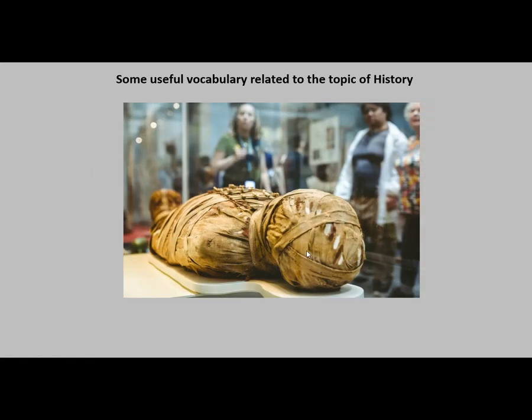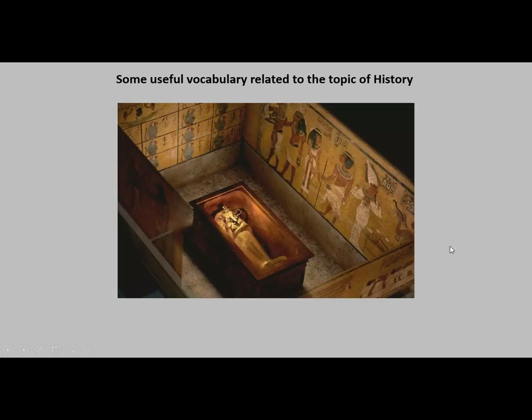Look at this picture. What do you see here? What do you see in this picture? It's a mummy. Mummy. You can see a mummy in a museum. What about this picture?